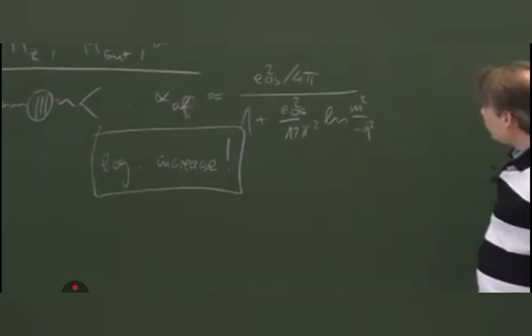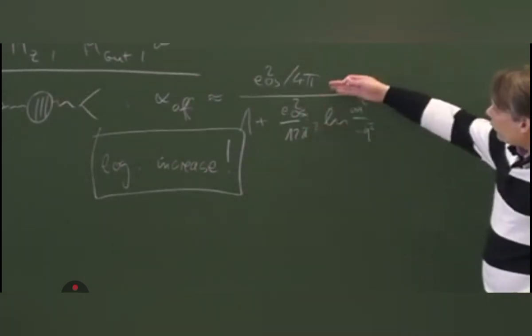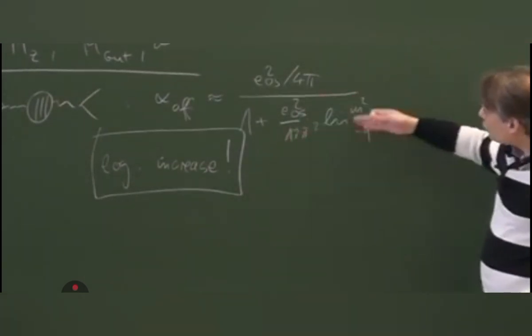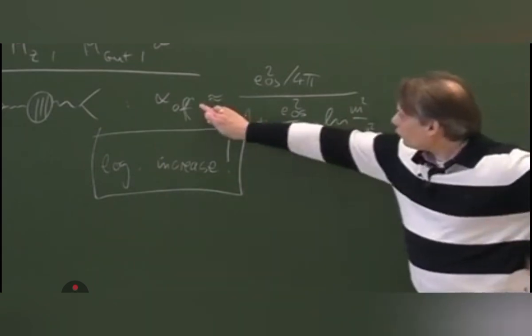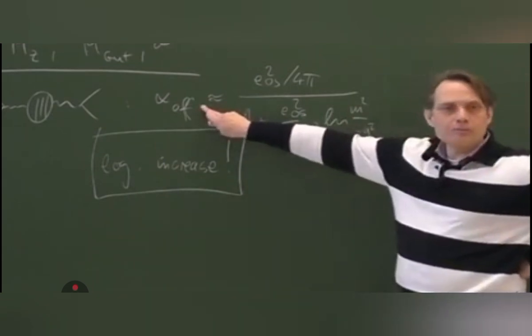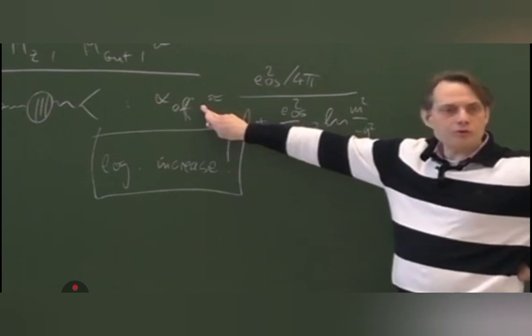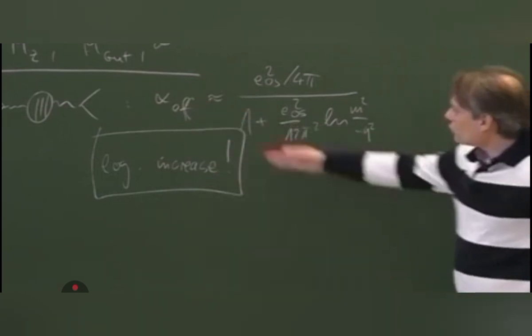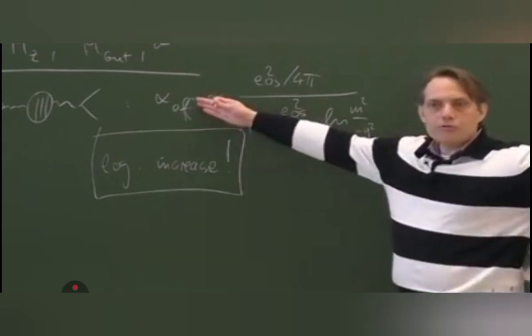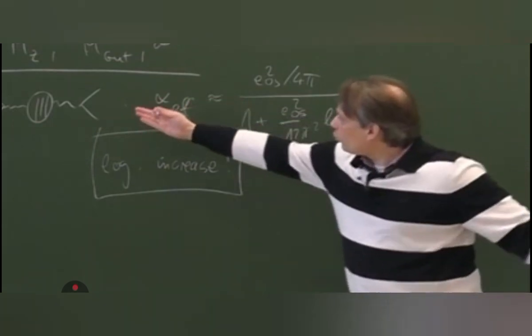So, is the effect of that logarithmic increase actually positive or negative? So does the effective interaction strength decrease or increase as the energy gets higher and higher? So that is right, this is the effective interaction strength by which the two fermions here interact.